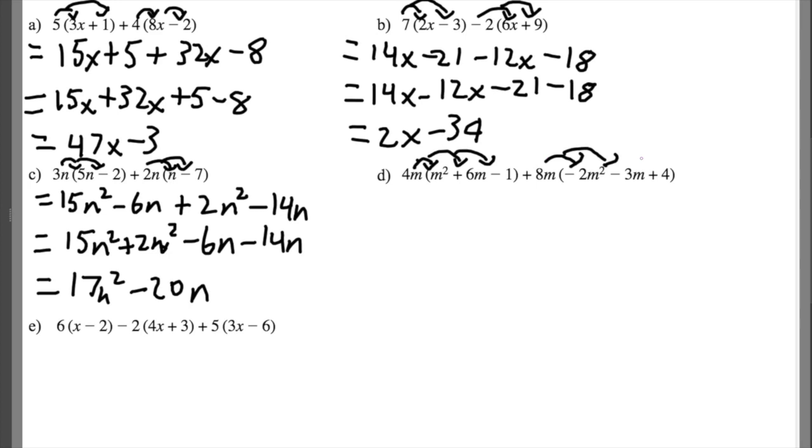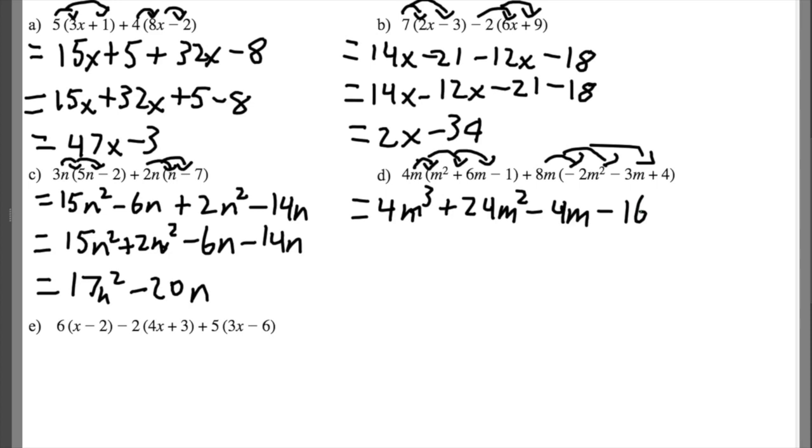So from here, we're going to get 4m cubed plus 24m squared minus 4m, minus 16m cubed minus 24m, and then plus 32.